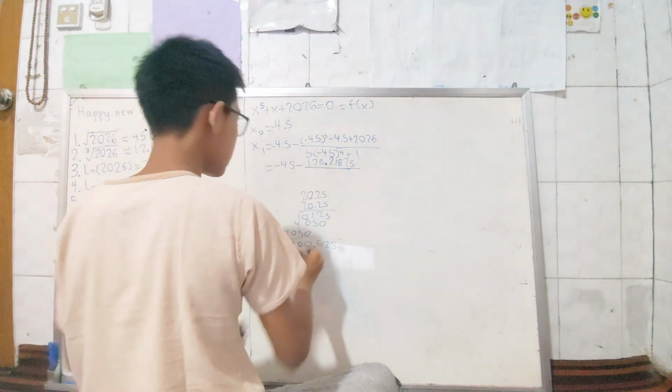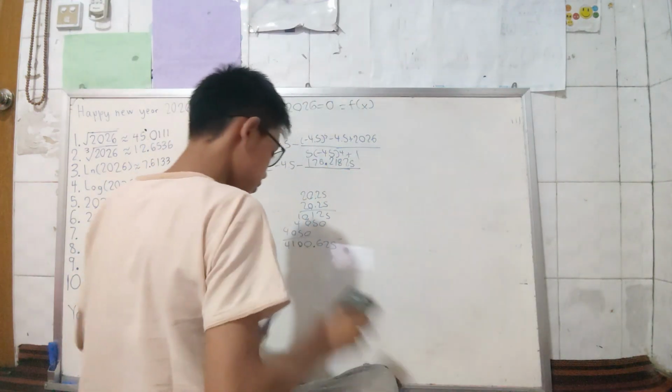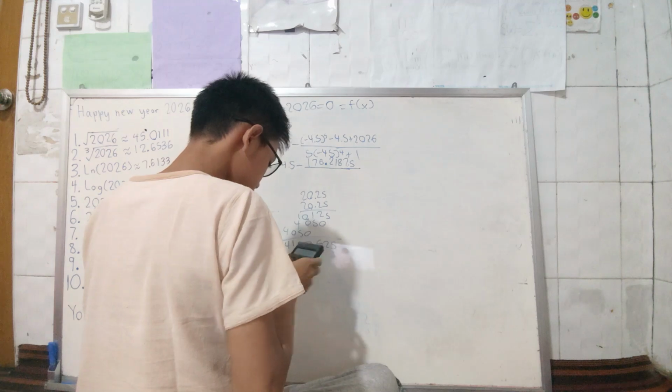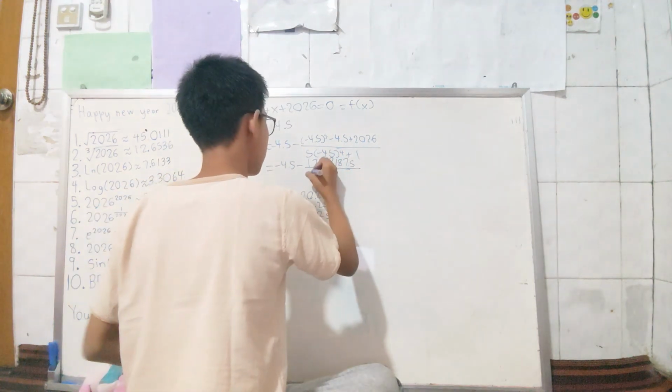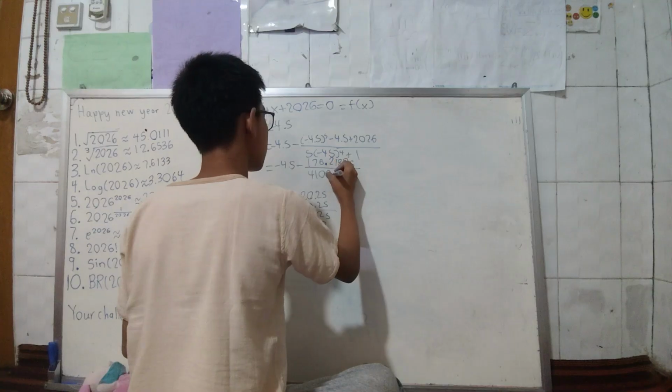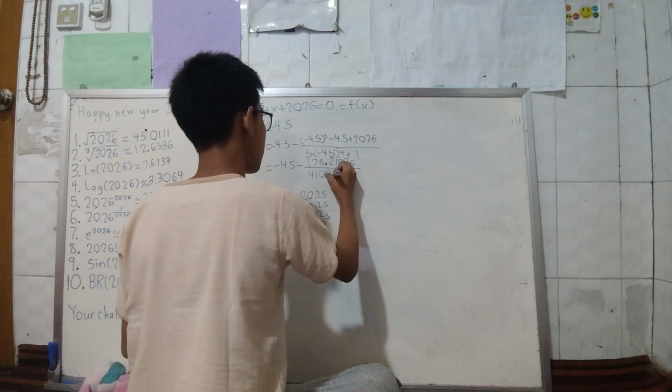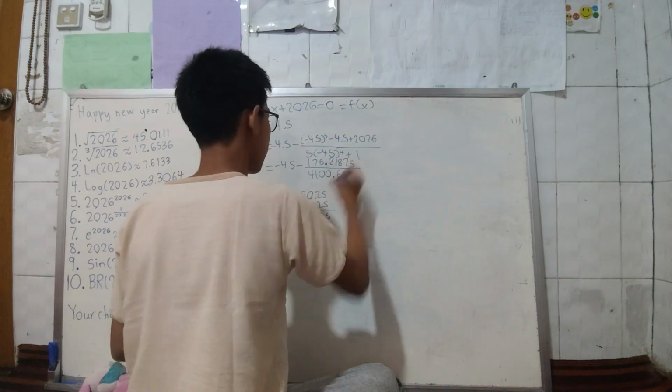It's gonna be 410.0625. Let me check. So that's gonna be 410.0625.